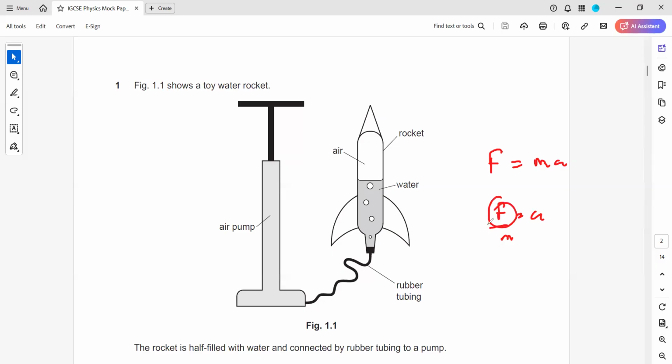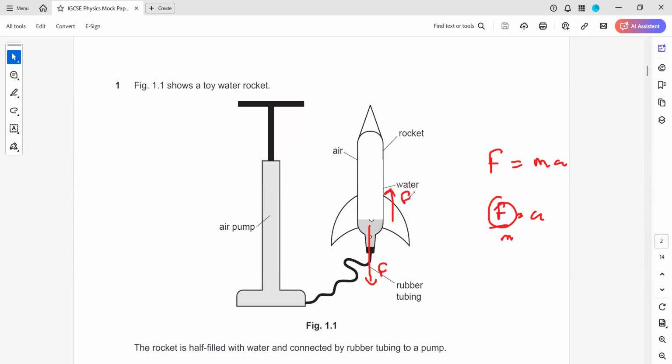First, how the force will change: as the pressure of the air is changing because the water is coming out, there is a larger volume, so a smaller pressure. So this will have a smaller downward force and, as a result, a smaller upward force.